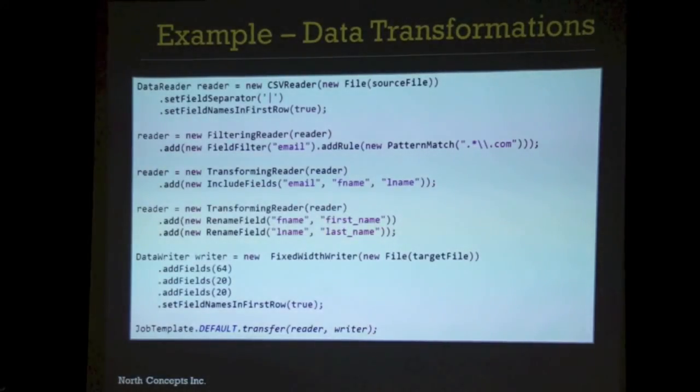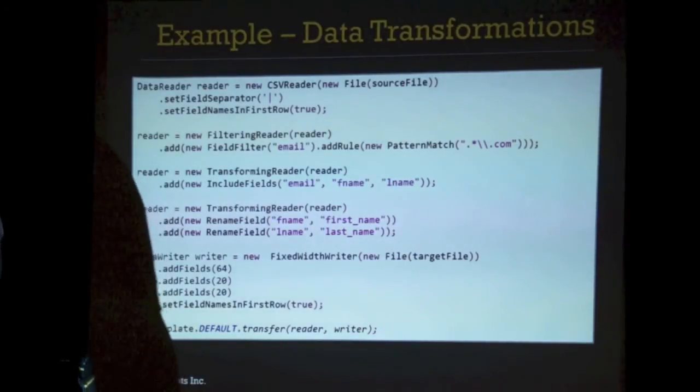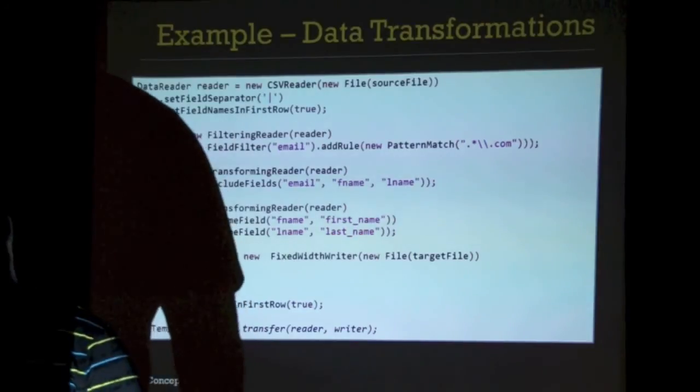At the bottom, we've got the job template, and that's really what governs the transformation. There, we're using the default and just taking a reader and writer, but you can actually do what you're asking, which is you can decide whether to continue on error or not. Yeah, definitely. Any other questions before we go on?